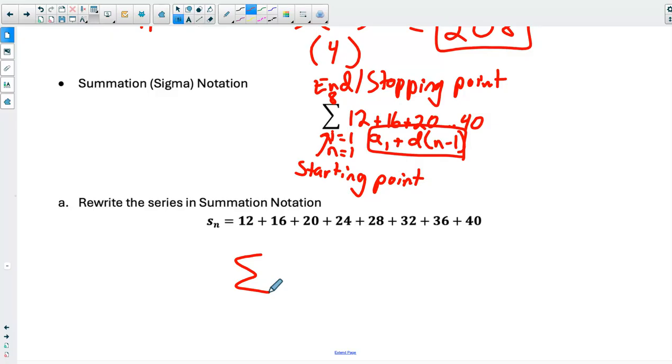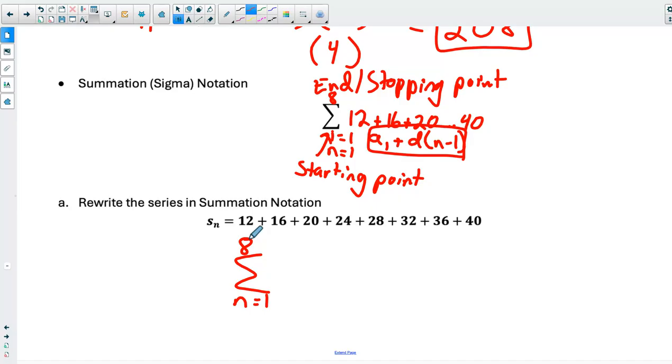All right, here we go. So I'm going to write n right here. And if I'm looking at this series, my first term is 12. But I'm going to put a 1 there to represent I'm starting by adding 12, and all the numbers going forward, up to how many terms is that again? It's 8. So I'm going to put an 8 up top. So I'm saying add my first to my 8th term up together.